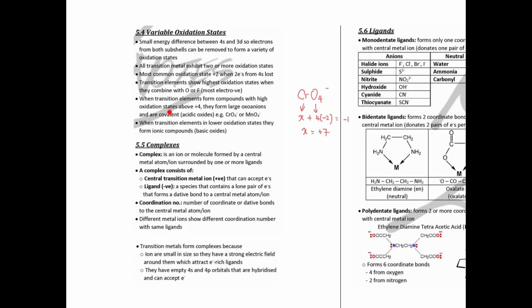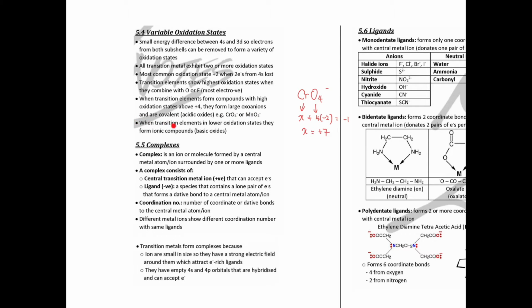The oxygens form covalent bonds with chromium, and covalent is normally acidic. So that's why their properties are acidic here. We have these two as examples. These are called oxo anions.